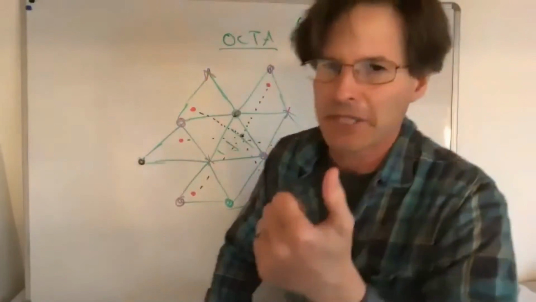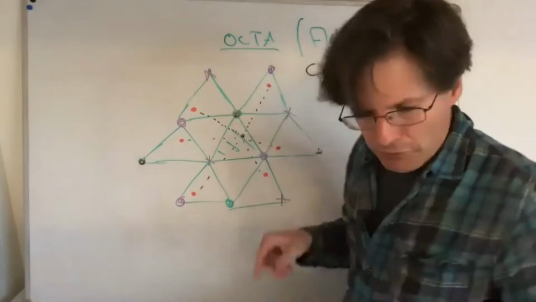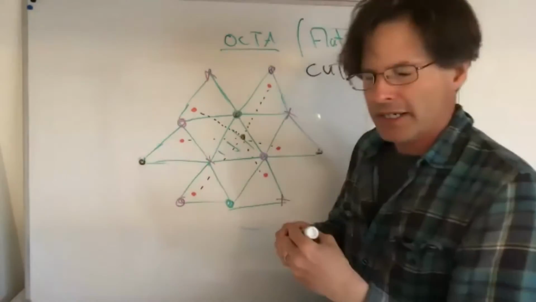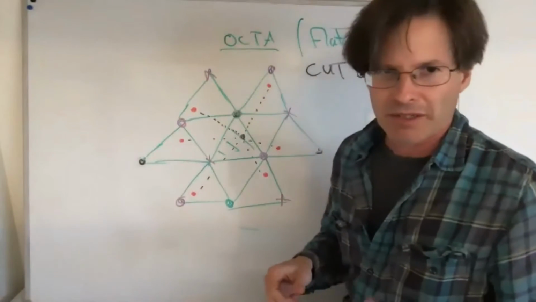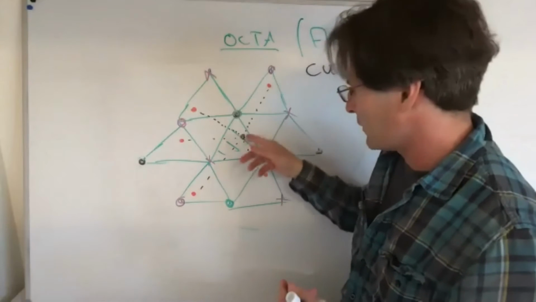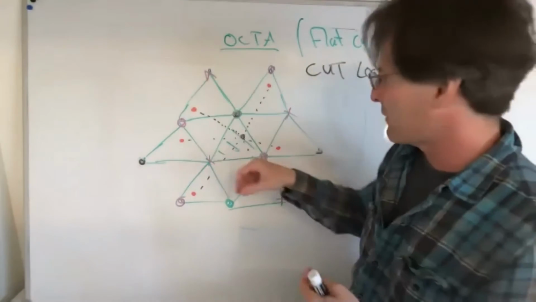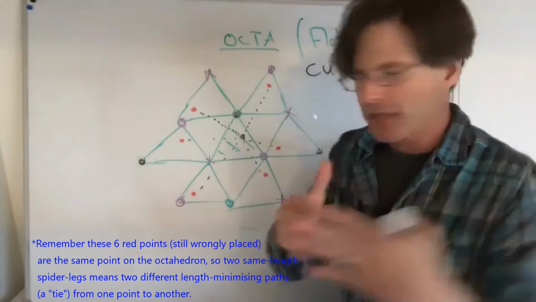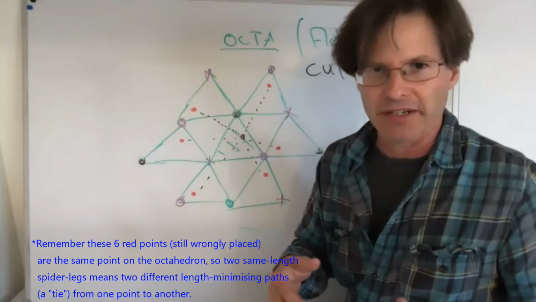So now I'm going to tell you there's another object in geometry which is called the cut locus. If you fix a point, I'm going to fix the point here, and look at distances to this point. The answer would change if I move this point, but certain of these red points are going to have the property that there's more than one of these spider's legs that has exactly the same length that reaches it.